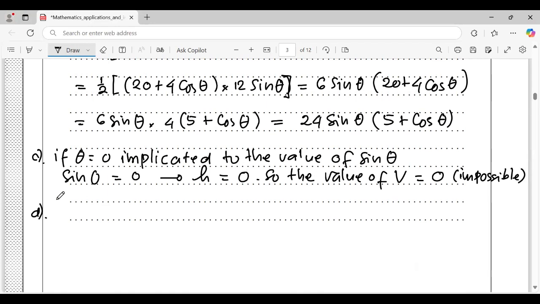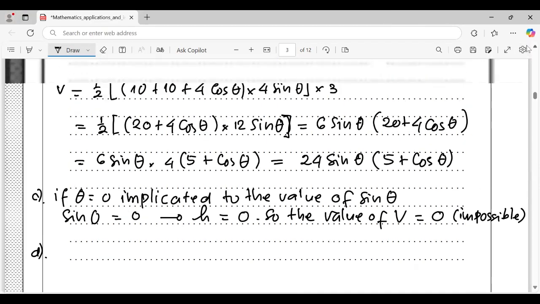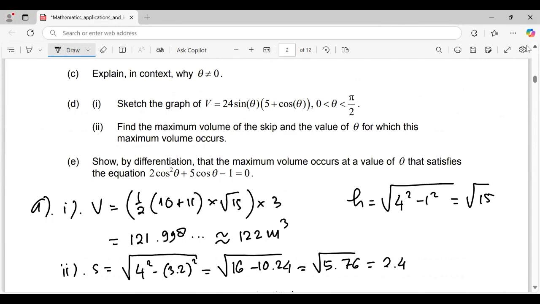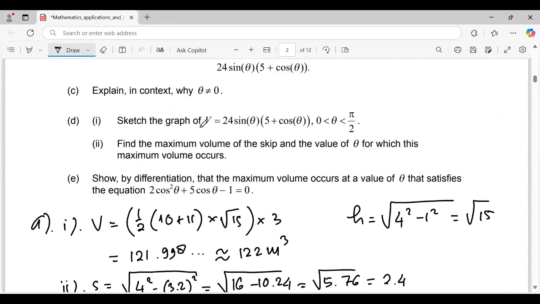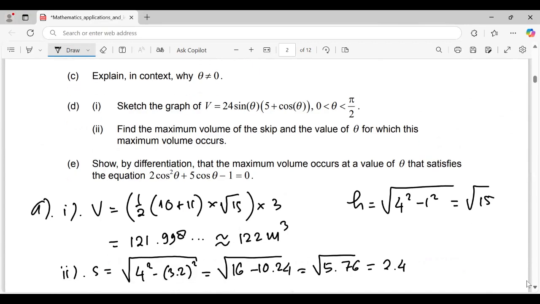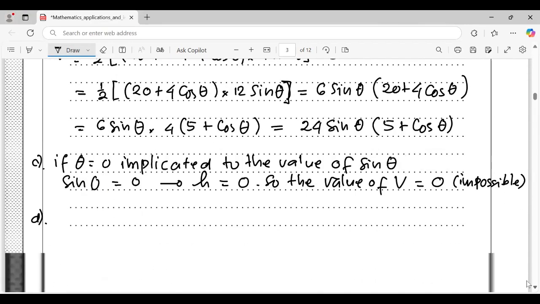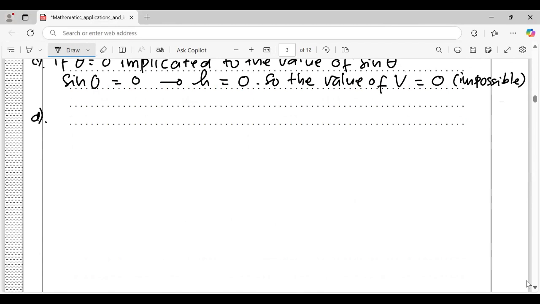D. Sketch the graph of phi equals 24 sine theta times 5 plus cosine theta. Theta interval 0 to pi half.